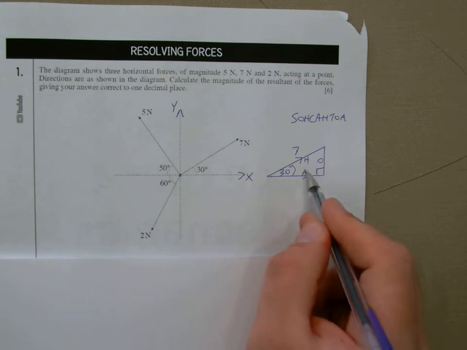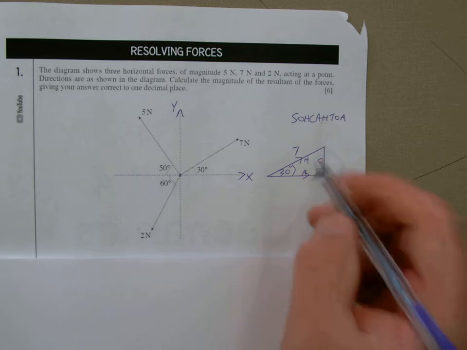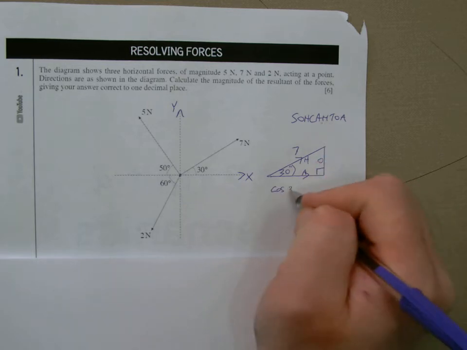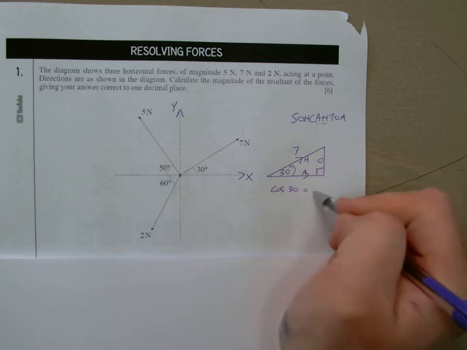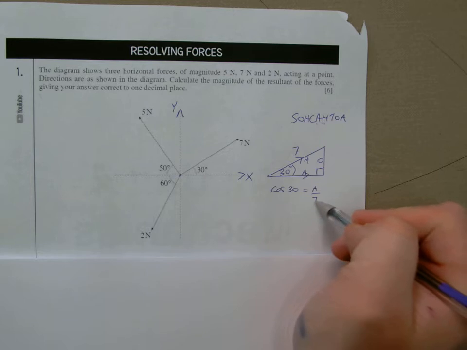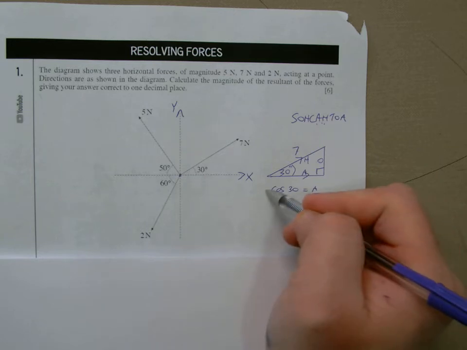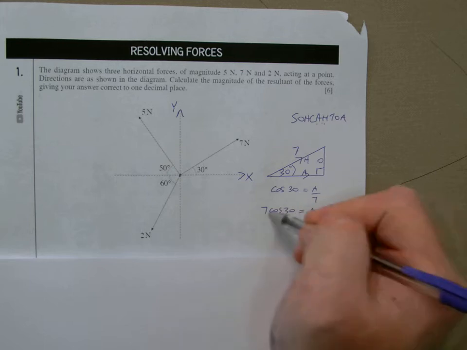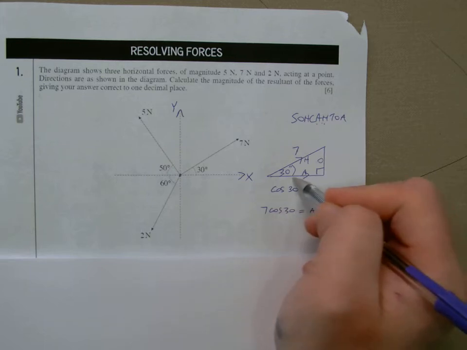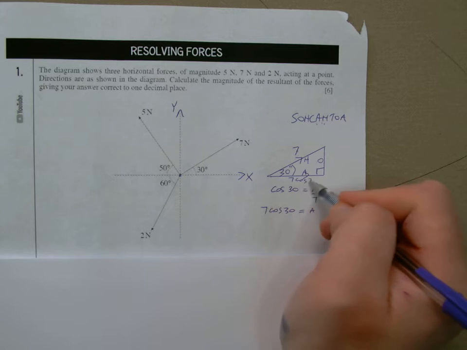And because I already know H, A and H will be cos, so cos 30 equals A over H, so A divided by H, which is 7, and all you've got to do then is take that 7 up to the side, and you get your A to equal 7 cos 30.